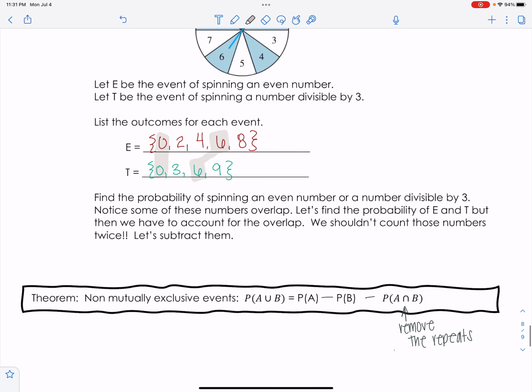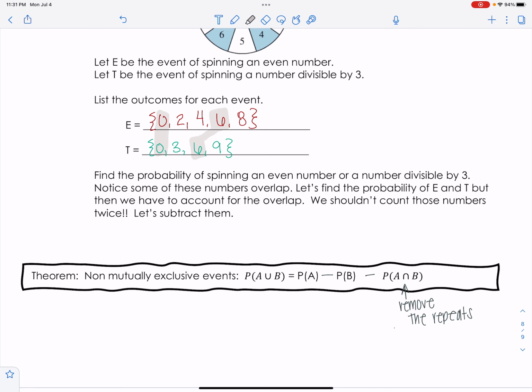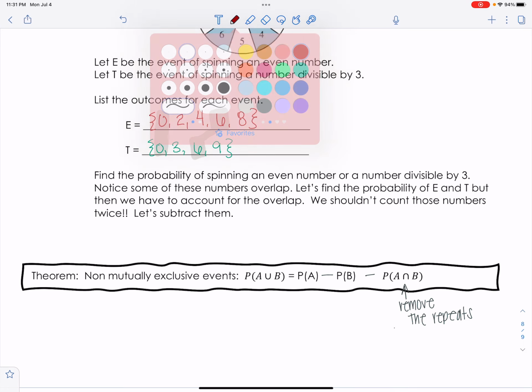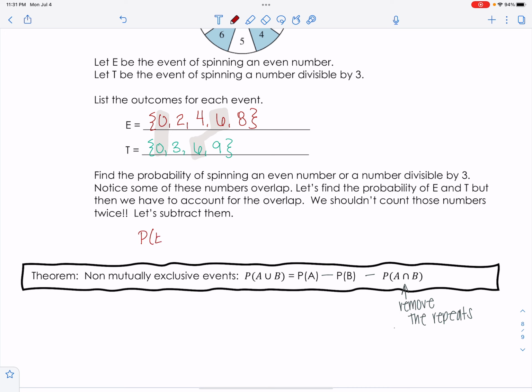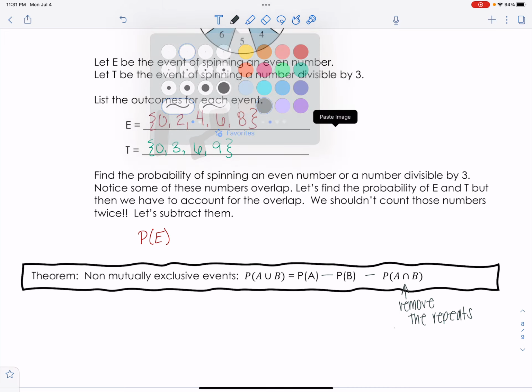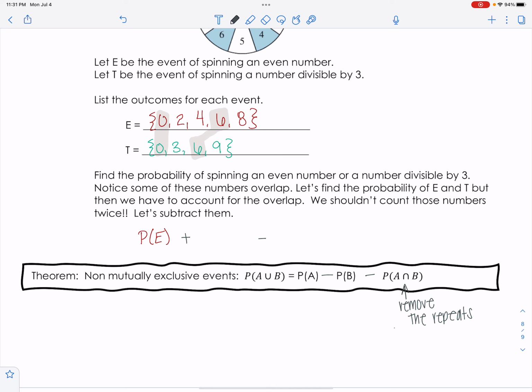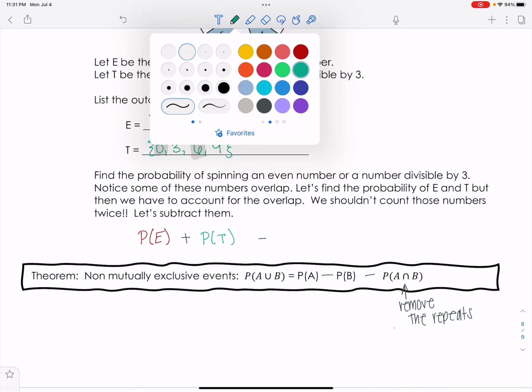And so if I wanted to find this probability, I could add the two probabilities together, but I would have to remove the repeats. And so what this theorem says is that you can find the probability of E plus the probability of T. Okay, so I've added those together.